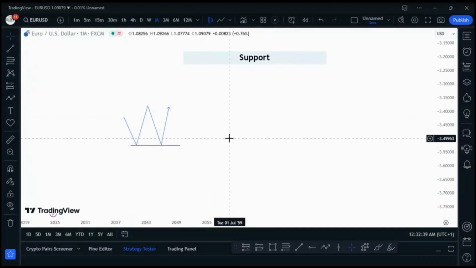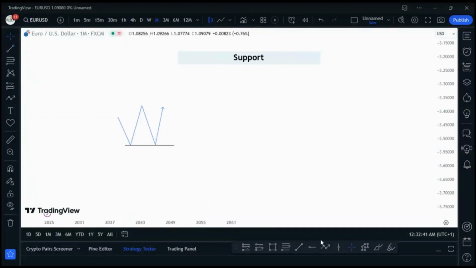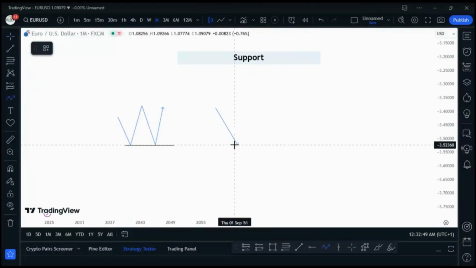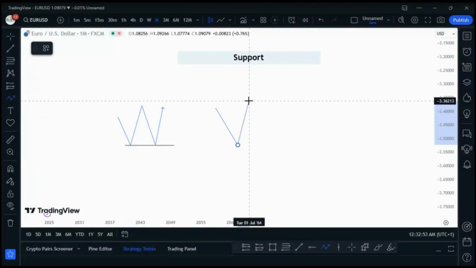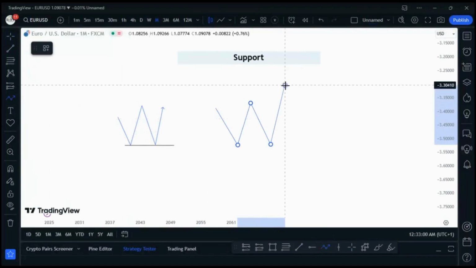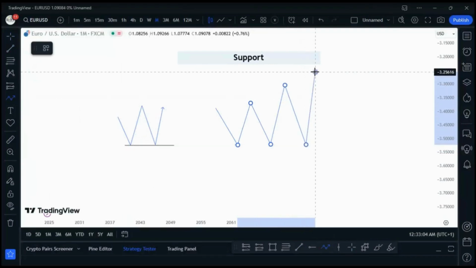So a support can be valid when price comes to a certain level, and once it gets to that level, it bounces off from that particular level. Now coming back again, it respects that same level and bounces up, and probably comes back a third time and bounces up. That level can be seen as what?